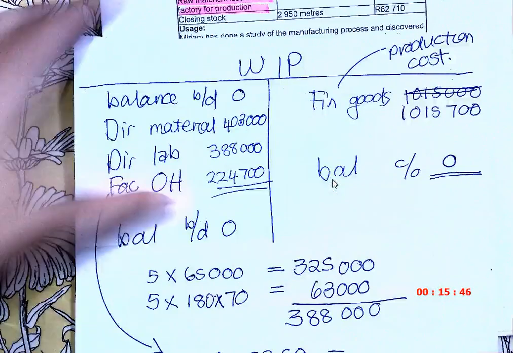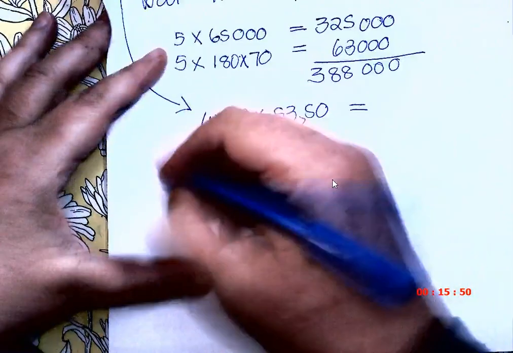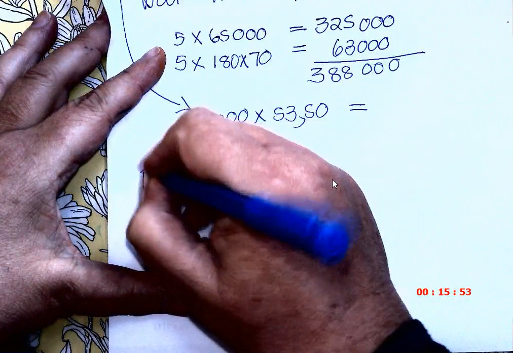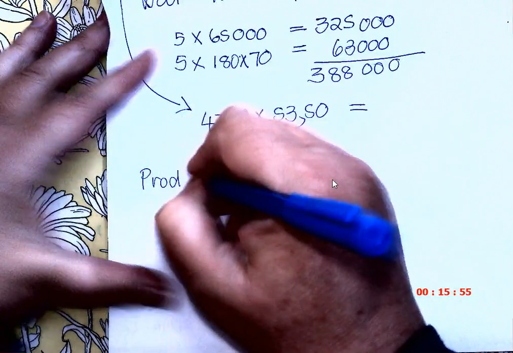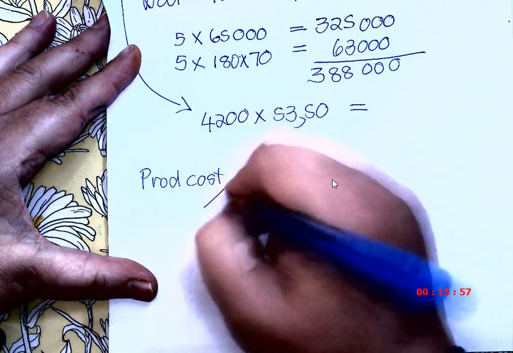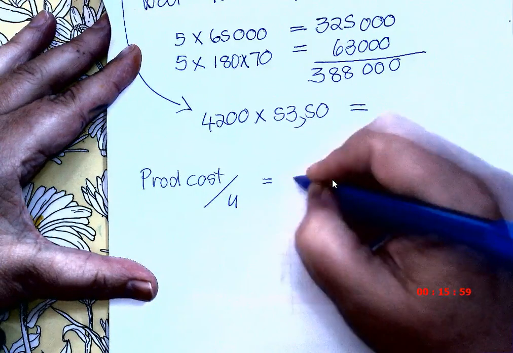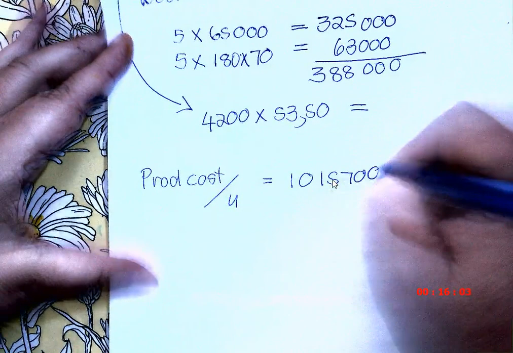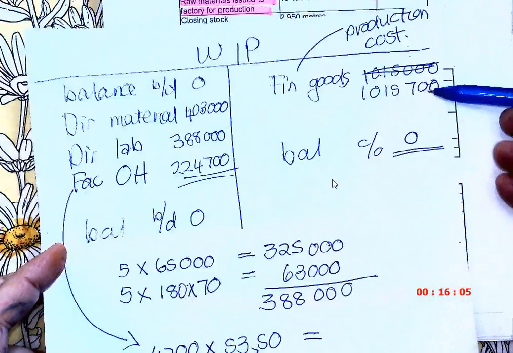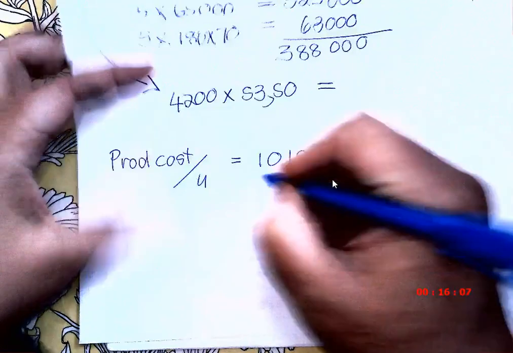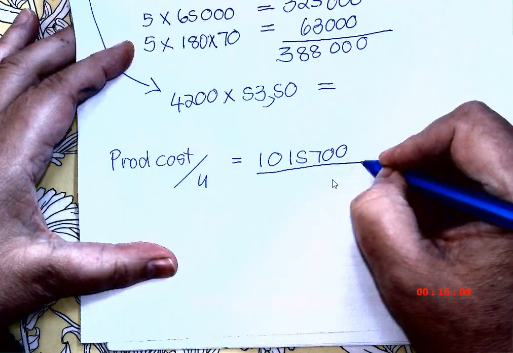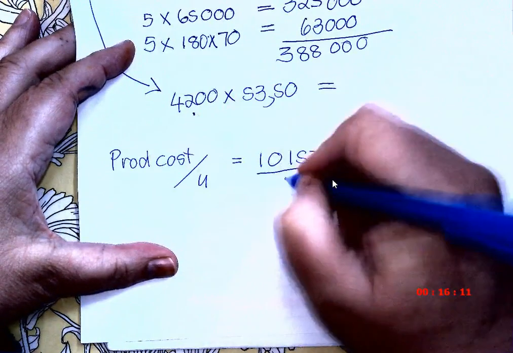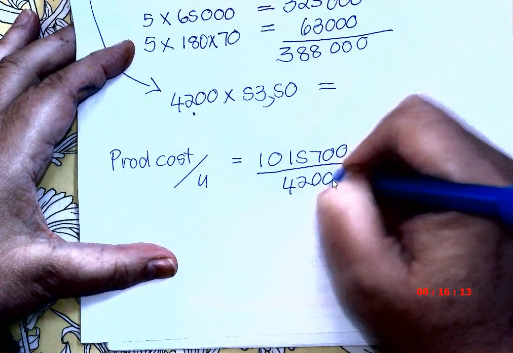If I want the unit cost per production, I'm going to take the production cost per unit. My production cost is that 1,015,700 that I calculated here. My units, how many units did I produce? 4,200. So what's my cost per unit?